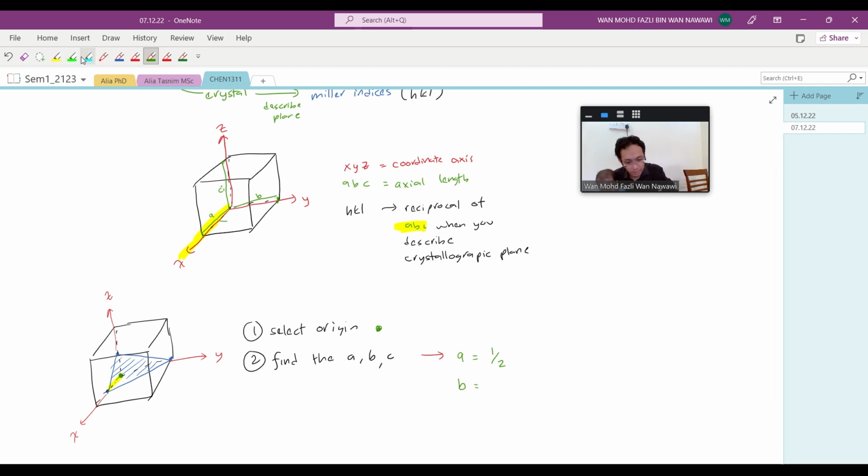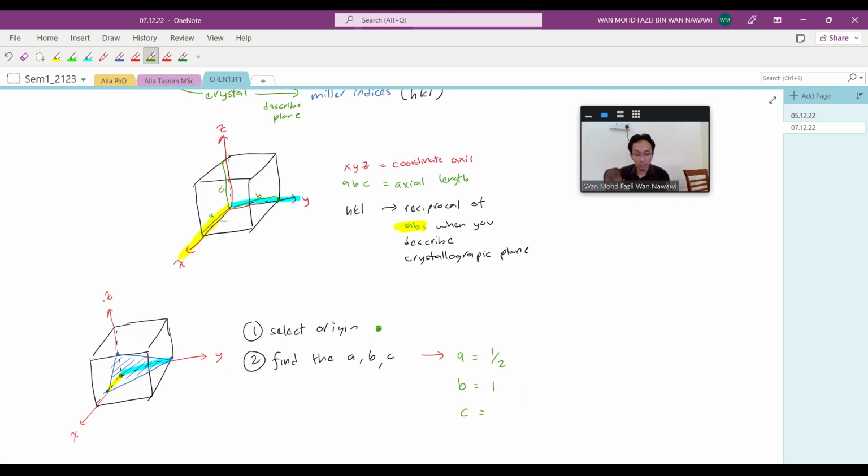And then B, which is the one that I highlight in blue. If you see, the intersect point is at 1, I mean the intersect happens at 1 unit cell, so B is 1. And how about C? C, as you can see there, is half of 1.